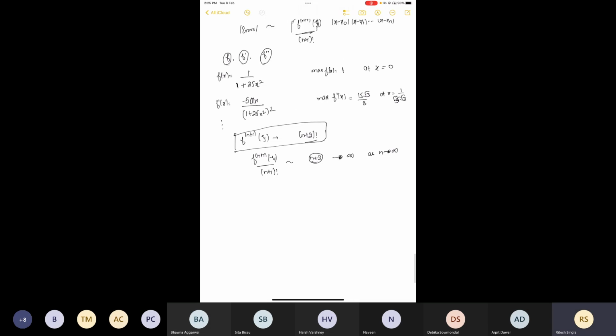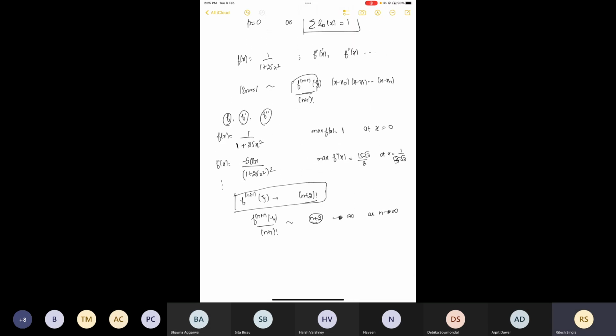This is some vague idea for question number 6. As we increase the number of nodes, increasing the degree of the polynomial, our f prime is increasing very rapidly. For more explanation, you can refer to your notes.